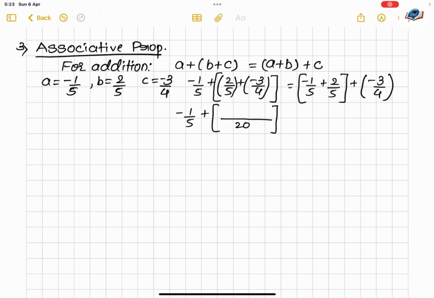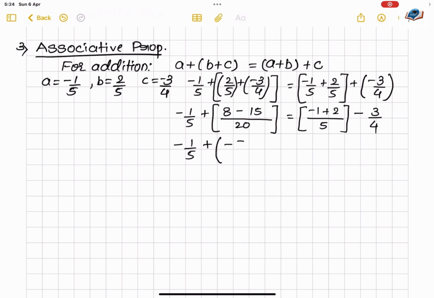So 5 multiplied by 4 is 20. 2 multiplied by 4 will be 8, plus into minus is minus. 5 threes are 15. Now here the LCM will be 5. So minus 1 plus 2, plus into minus will be minus. I am putting the sign from the starting only. Now minus 1 upon 5 plus, now here 8 minus 15, so the sign will be minus.